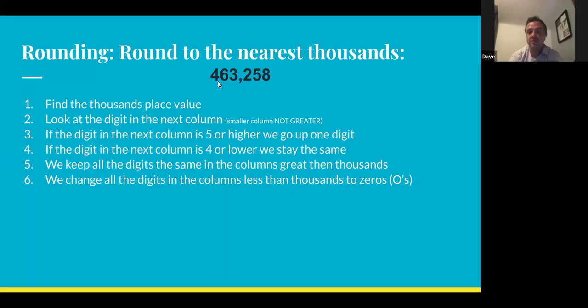All the digits on this side, the 4, the 6, they don't get taken away. Even though we're doing the thousands column, we don't take any of the other bigger, greater than numbers away. But all these numbers, the lower numbers, they do change to a 0, okay?